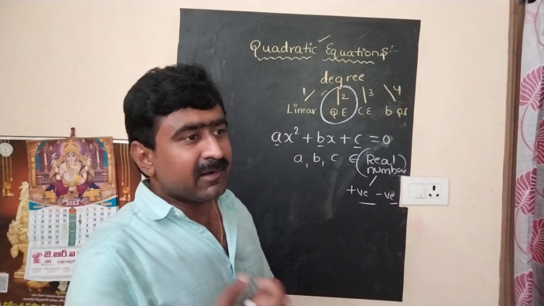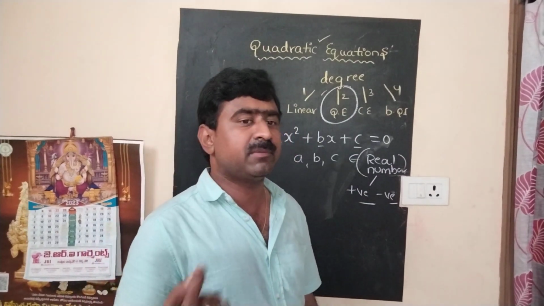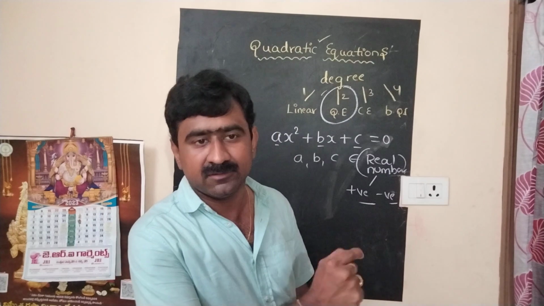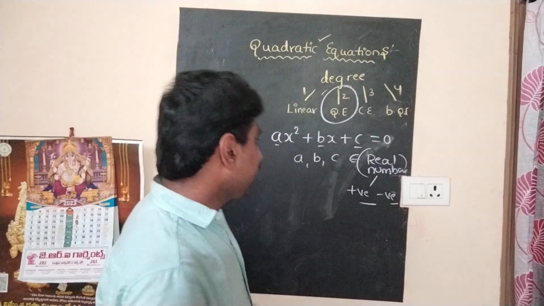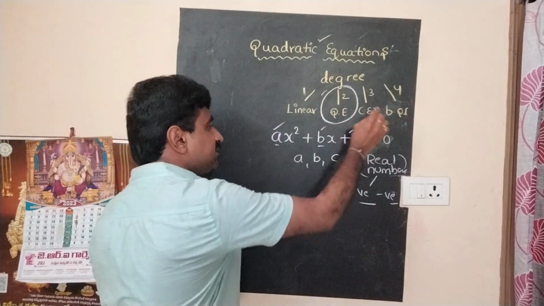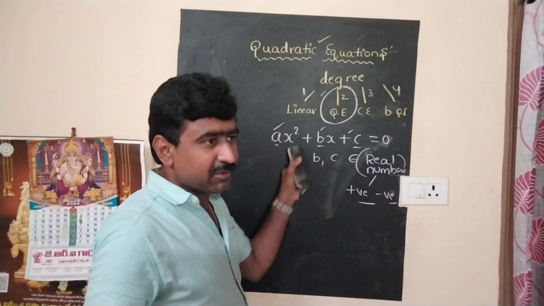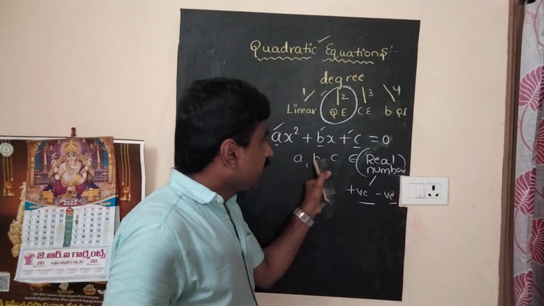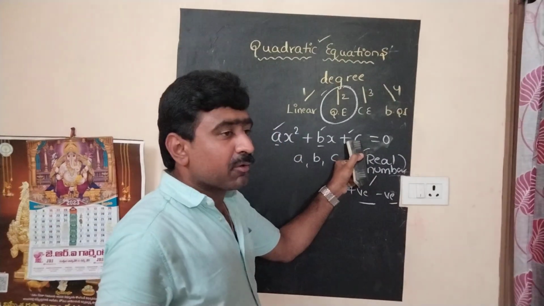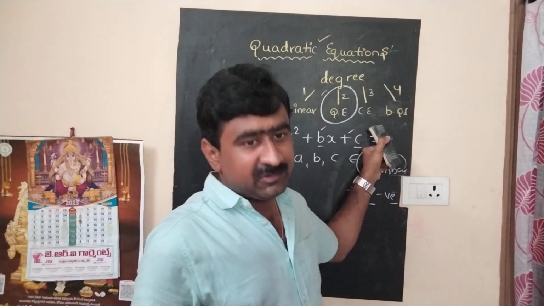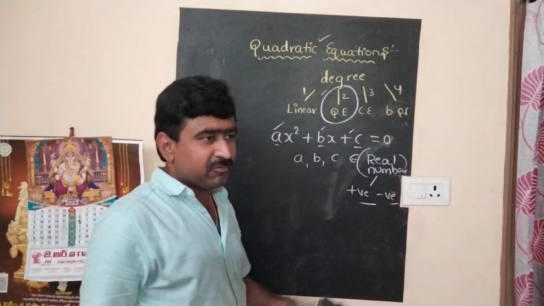So in the general equation ax square plus bx plus c, a comma b comma c belong to real numbers, and we can say these are also the coefficients. a is the coefficient of x square, b is the coefficient of x, and c is the coefficient of the x power 0 term. x power 0 is nothing but the constant term.